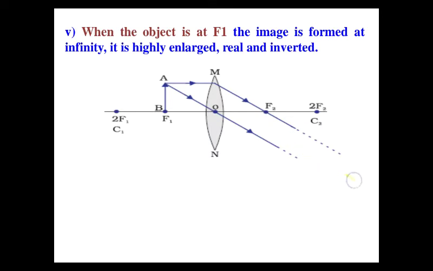We can just imagine that they will meet somewhere in front of the lens at a very far distance, and wherever these refracted rays of light meet, the image is formed at that place. So we can say that the position of the image is at infinity, its size is highly enlarged, and the nature is real and inverted.